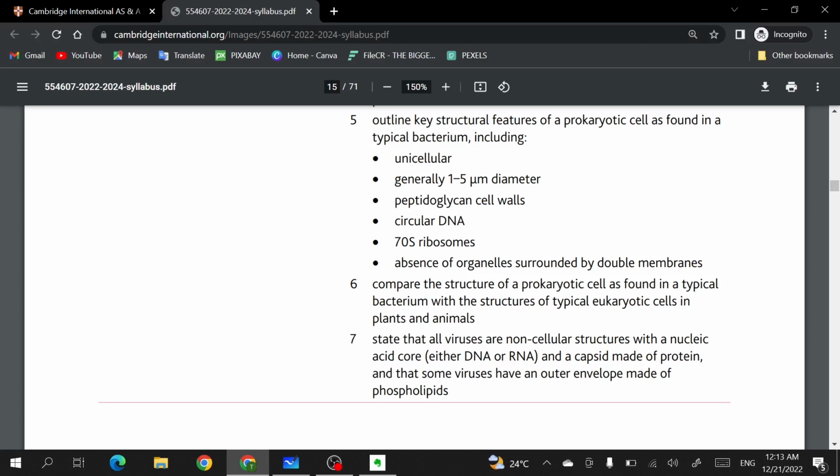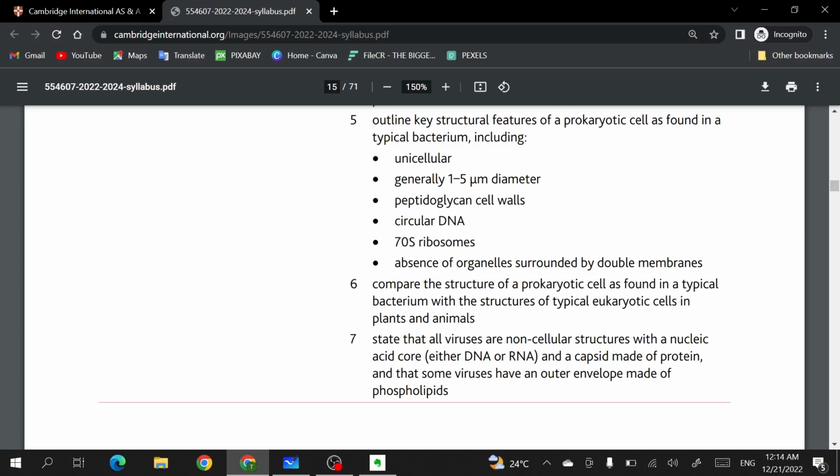Eukaryotic cells are larger and can be multicellular, unlike the unicellular bacteria, which are generally 1 to 5 micrometers in diameter. The eukaryotic cell is actually 10 to 100 micrometers. Bacteria have a peptidoglycan cell wall, eukaryotes have a cellulose cell wall.